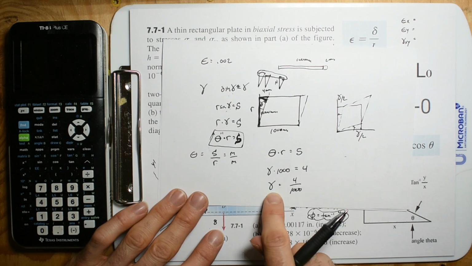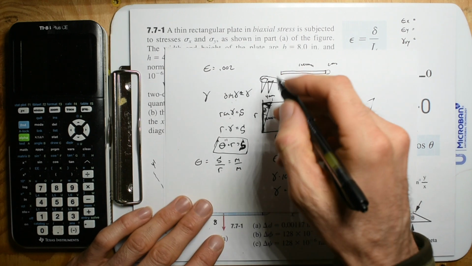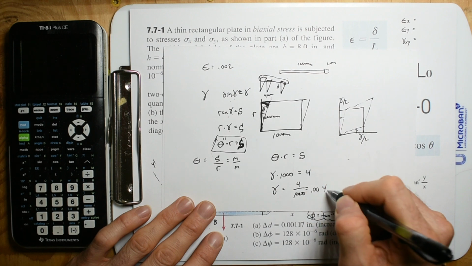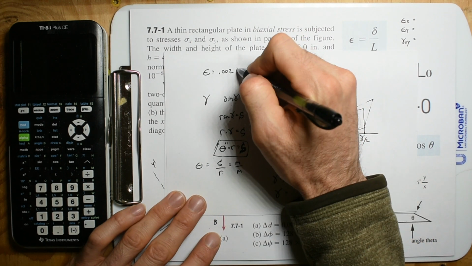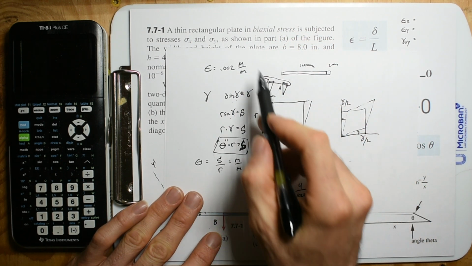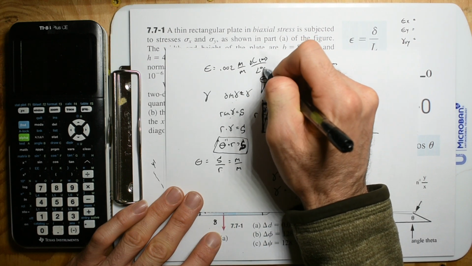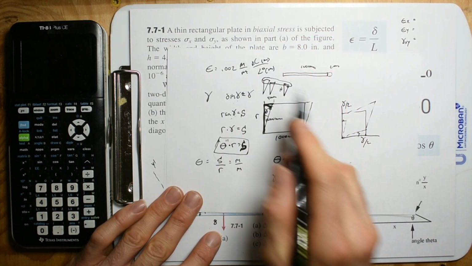So you get this. We did that just to show that you're going to get 0.004 radians. Different units. This is meters per meter. That's going to be change in length in units of meters divided by initial length in units of meters. That's what's going on here.